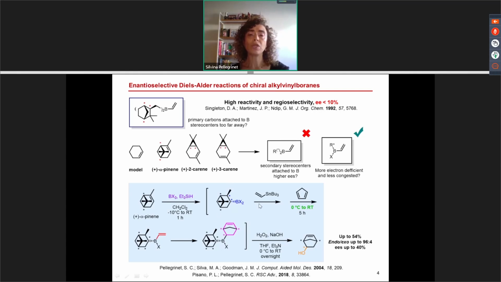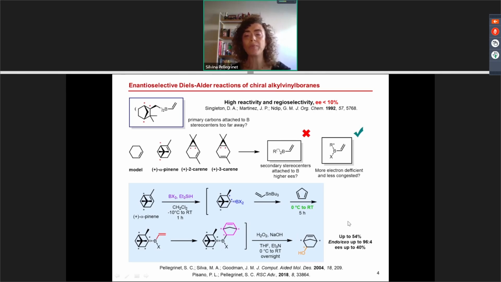Then by using tributyl vinyl tin, we introduce one vinyl group, and then having the diene in the reaction media, we could perform the Diels-Alder reaction at room temperature. Since the adducts are unstable, they have to be derivatized.